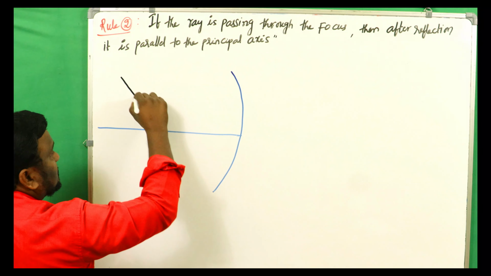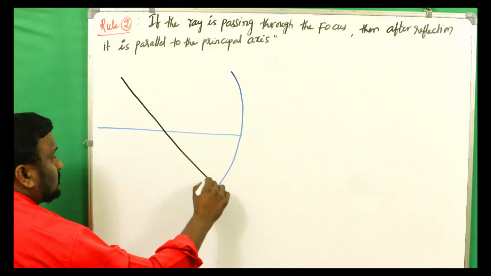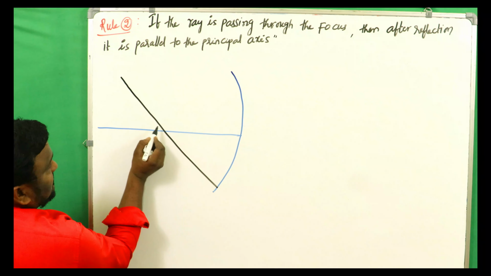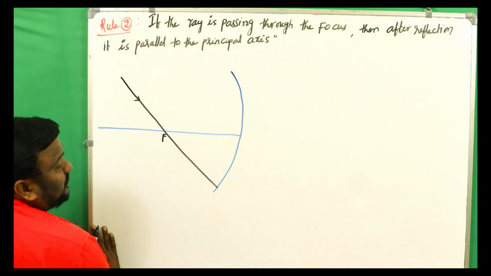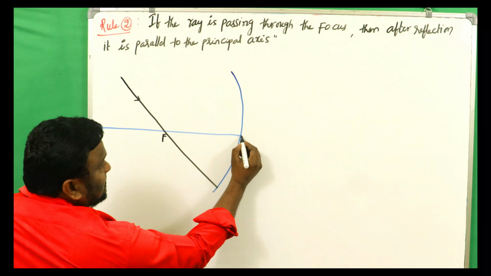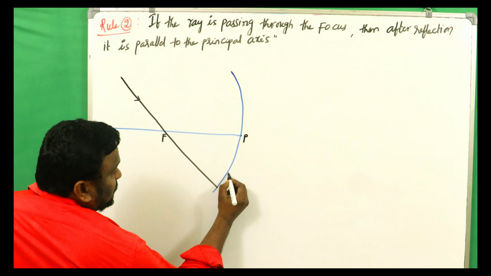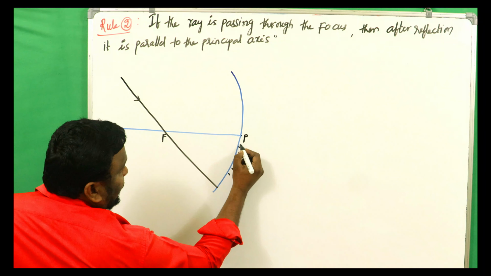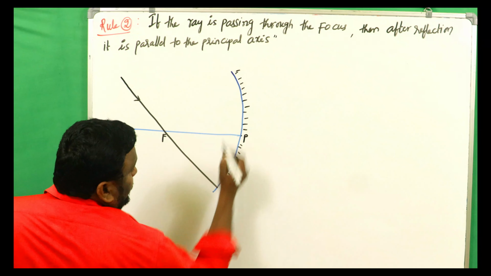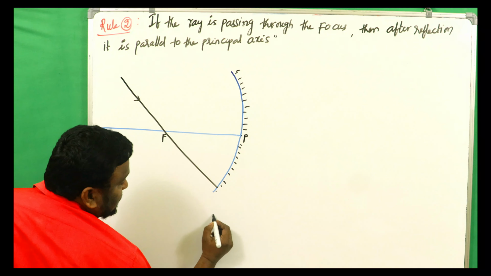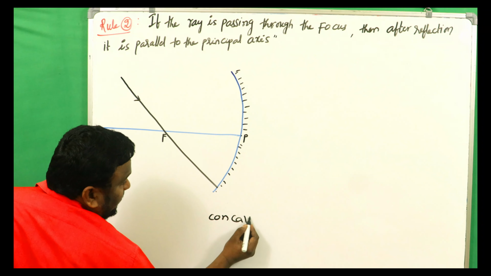The ray is like this, and it passes through the focus, and this is the pole. Children, the concave surface has its non-reflecting side outward. Got it? So this is the concave mirror.